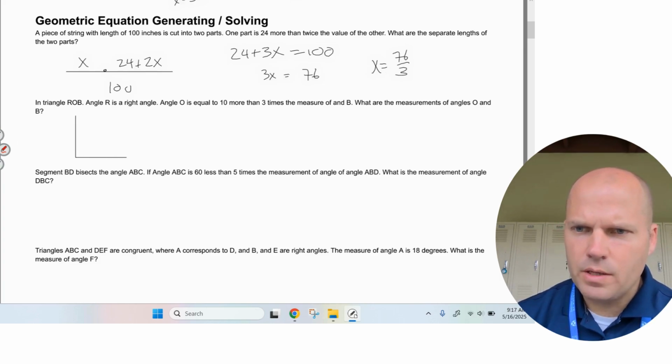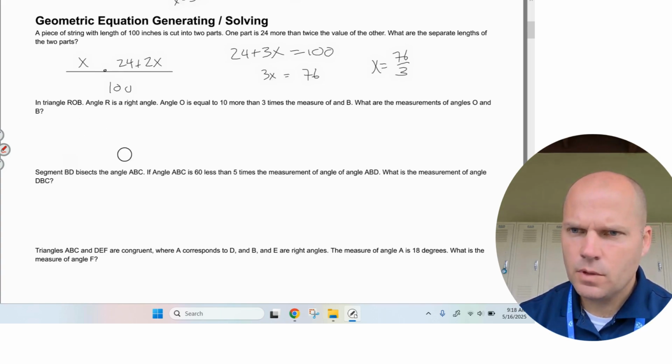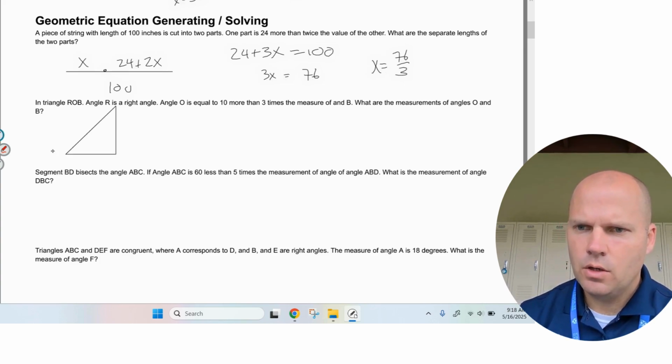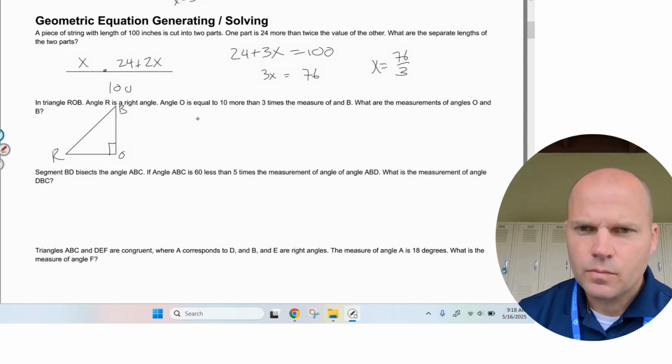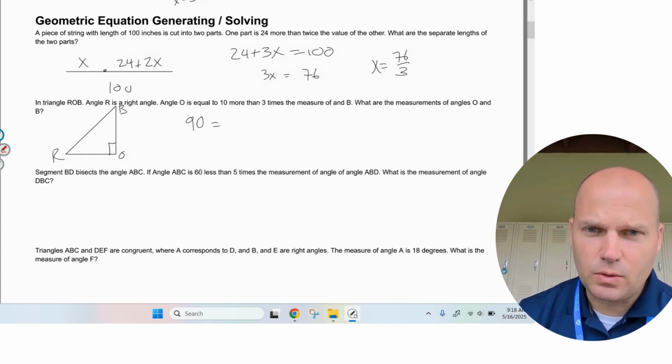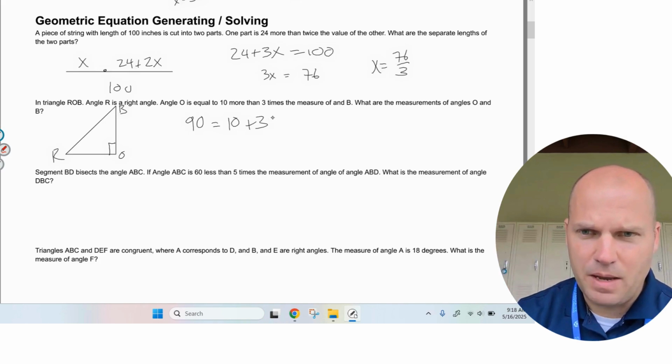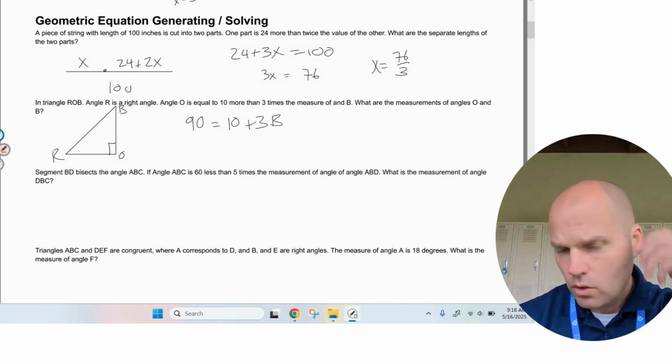We got angle ROB is a right angle. Triangle ROB. R is a right angle. This is interesting. So, yeah, it's not angle ROB. It's triangle ROB with angle O as a right angle. Angle O is equal to 10 more than 3 times the measure of B. So 90 degrees is equal to 10 more than 3 times the measure of angle B. Cool.